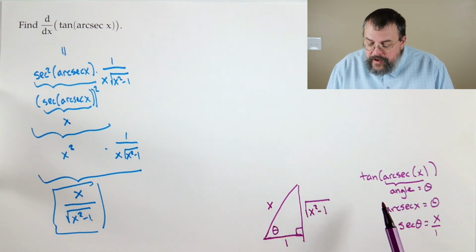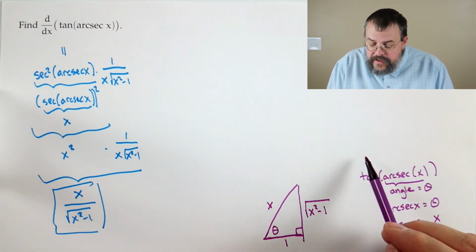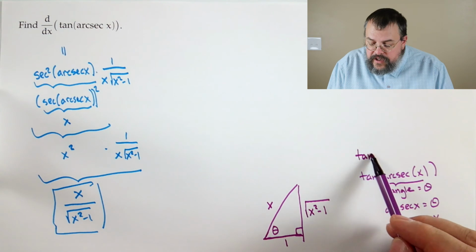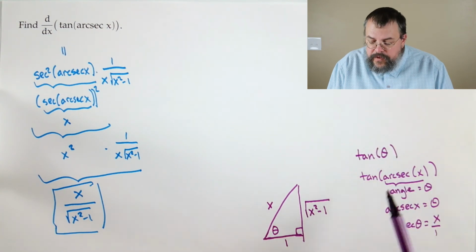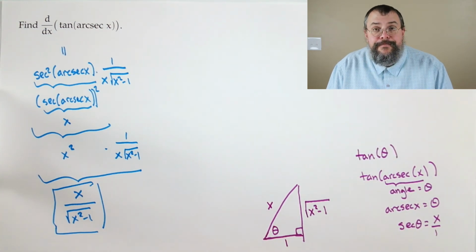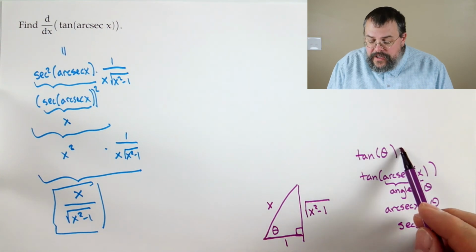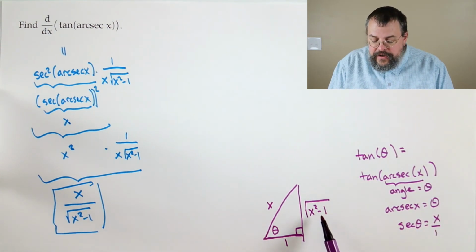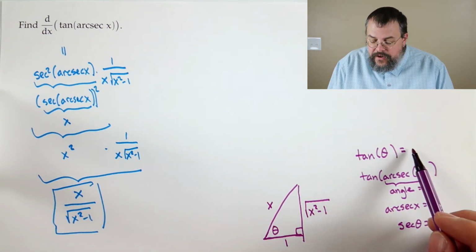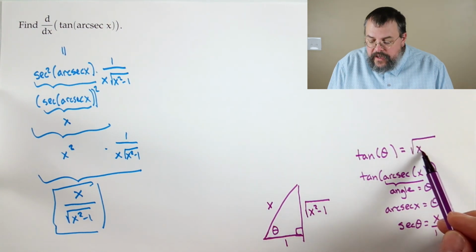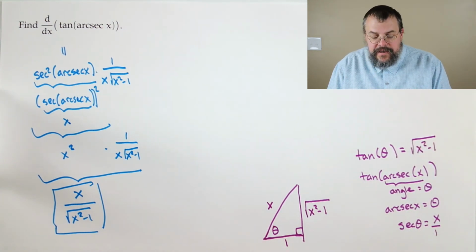Okay, so where are we going with this? Well, remember, arcsecant of x equals theta. So now let's look at this triangle and ask the question, what is tangent of theta? Well, tangent is opposite over adjacent. So this is the square root of x squared minus 1.